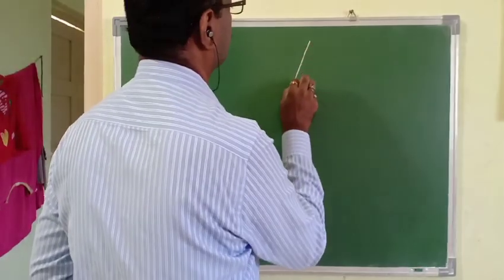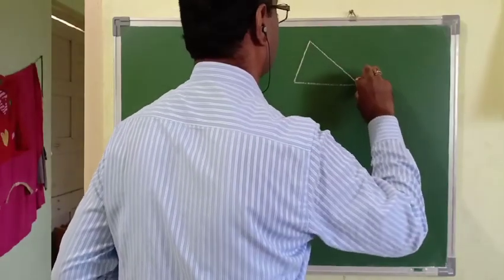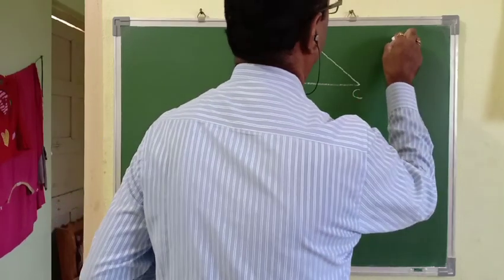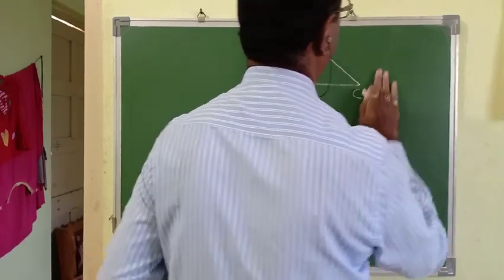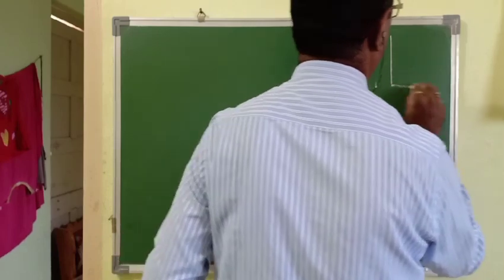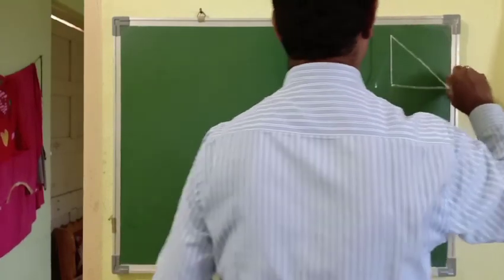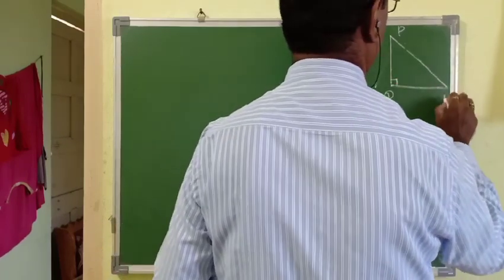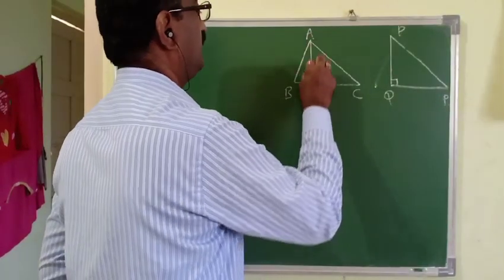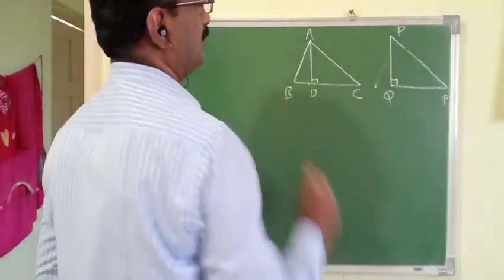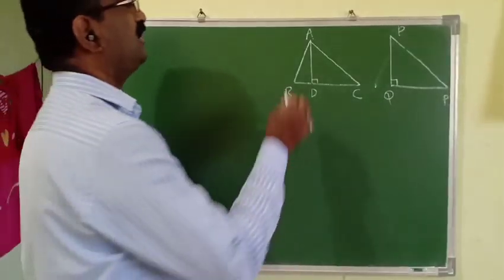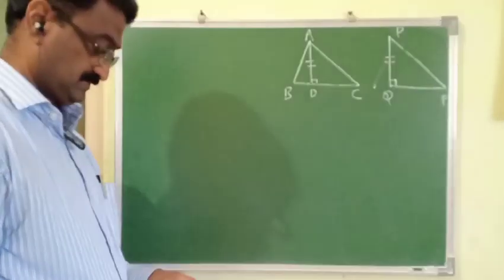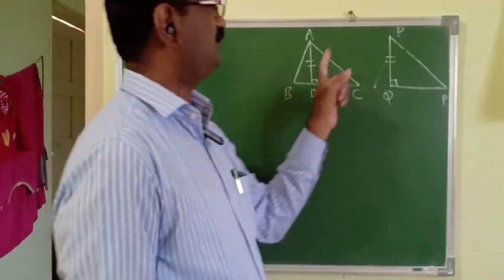One triangle, triangle ABC, and another triangle, triangle PQR. This is the height. Suppose the height of this triangle and height of this triangle is same. So height of these two triangles is same.